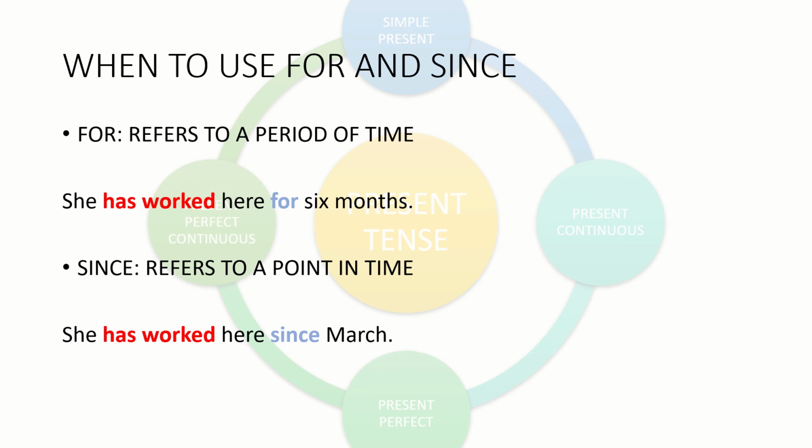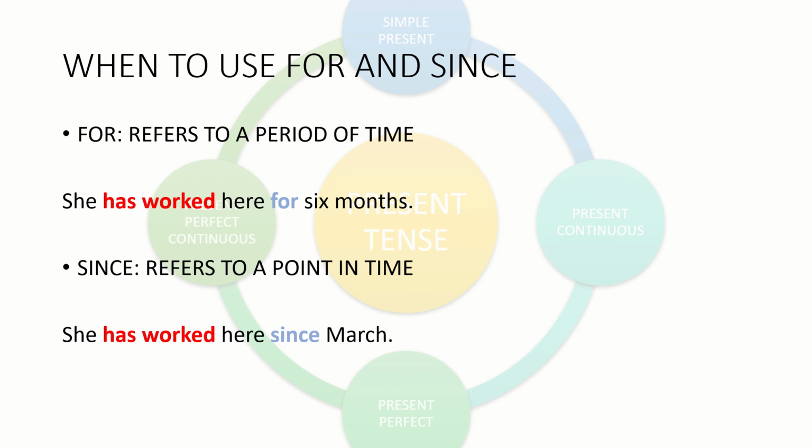When do we use for and since? For refers to a period of time, a definite time. Alright, she has worked here for 6 months. So that could be 6 months and 2 days, or it could be 5 months and let's say 20 days. So roughly 6 months, okay? But since refers to a point in time.